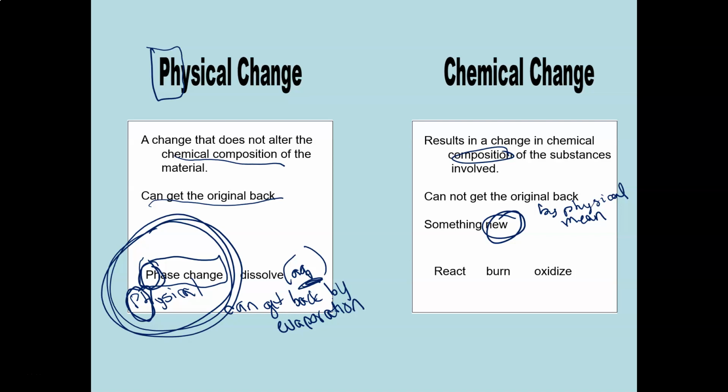Chemical change keywords. It reacted. It burned. It oxidized. Oxidize is another word for rust. It produced. It yielded. It created. Okay.